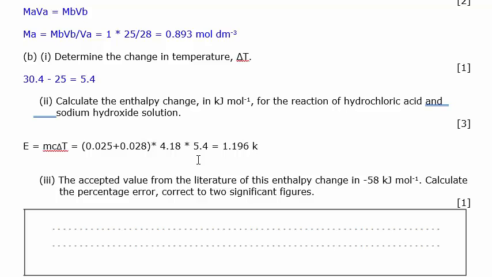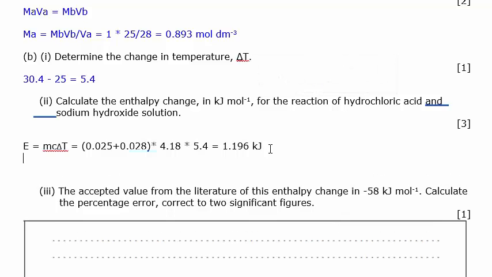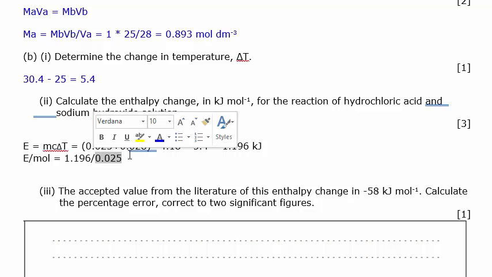1.196 kilojoules, but this isn't for a full mole. We have to work it out in kilojoules per mole. So now we have to divide by the number of moles of sodium hydroxide used. Right, so the energy per mole equals 1.196 divided by 0.025. That's the moles used, because it's 25 centimeters cubed of 1 molar solution.